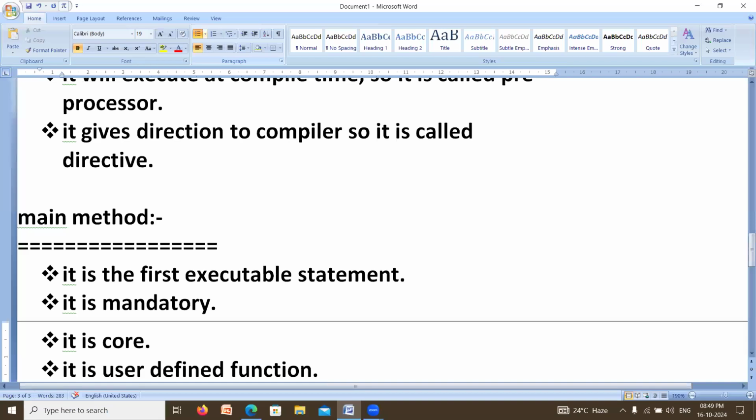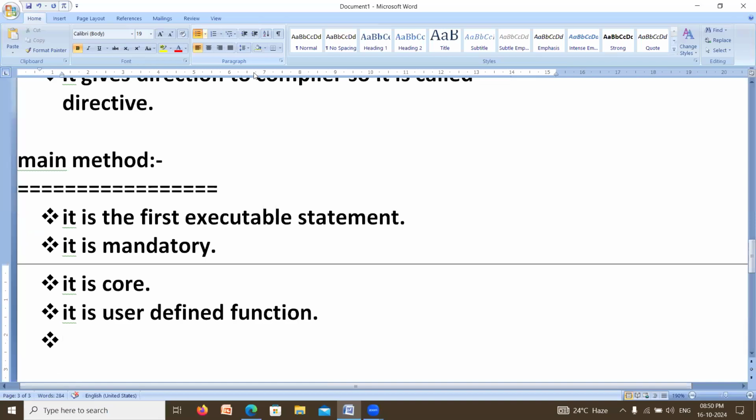You are the user, so the body should be written by the user. It is very important, but you cannot write more than one main method. Multiple main methods are not possible in one program. It cannot be duplicated, it should be unique.